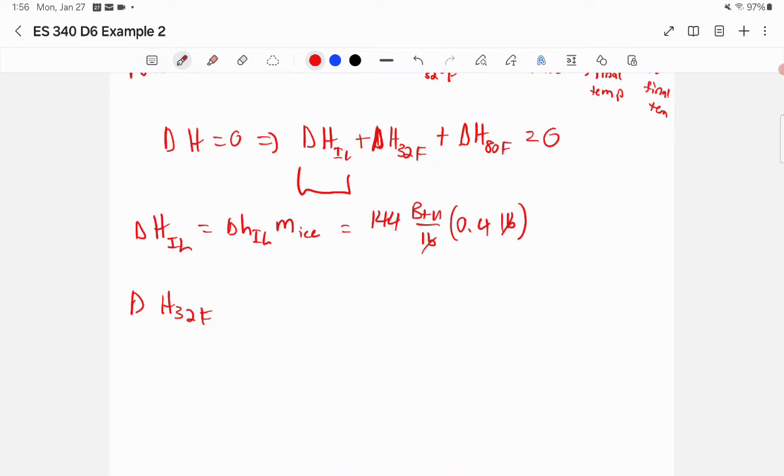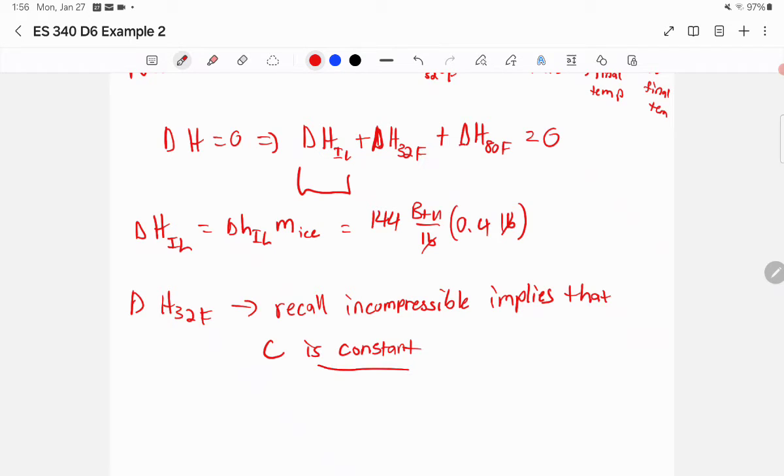And for incompressible liquids, recall incompressible implies that C is constant, right? The C_V equal to C_P equal to some constant C. That was the idea, the specific heat. Okay, so this is important.